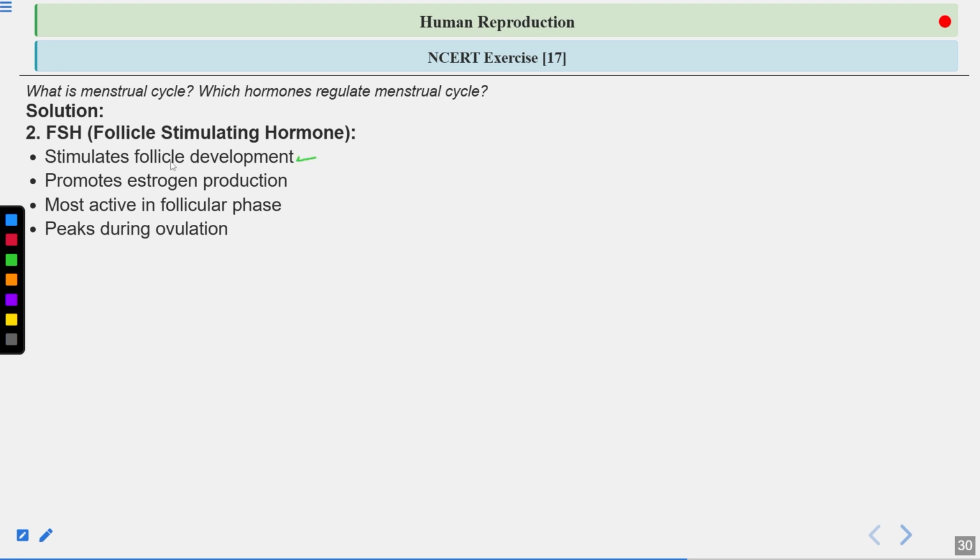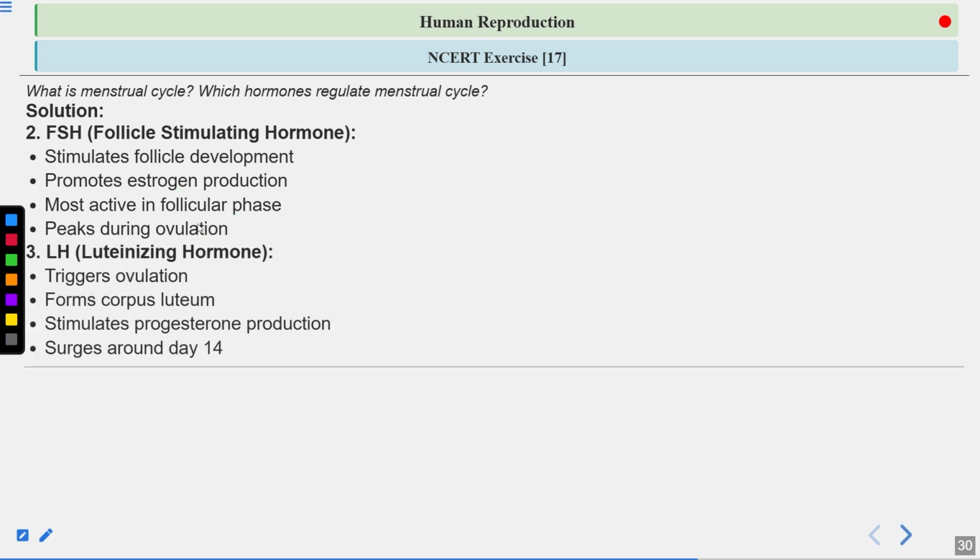These follicles then start producing estrogen. The maximum concentration of follicle stimulating hormone is in the follicular phase, and the maximum concentration of FSH is just before the ovulation.